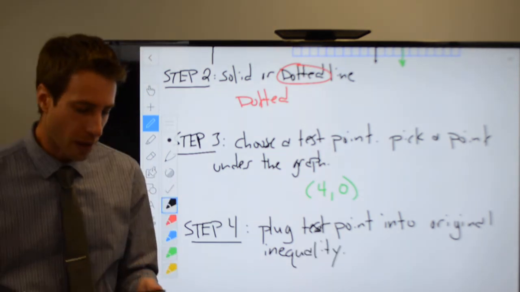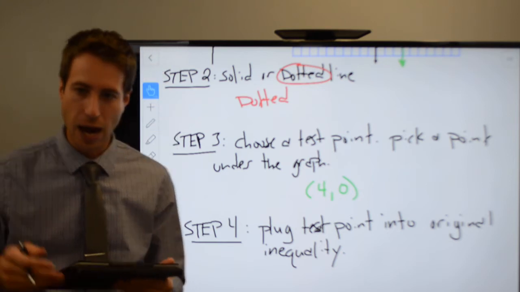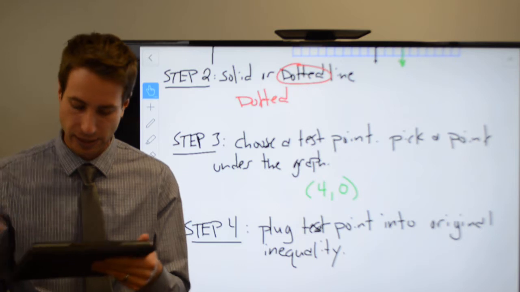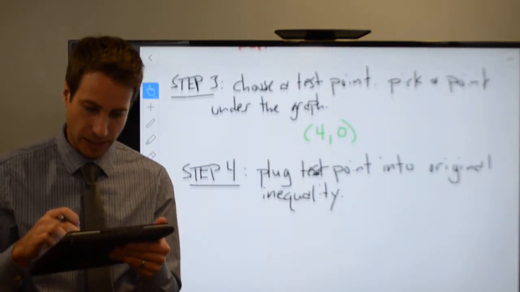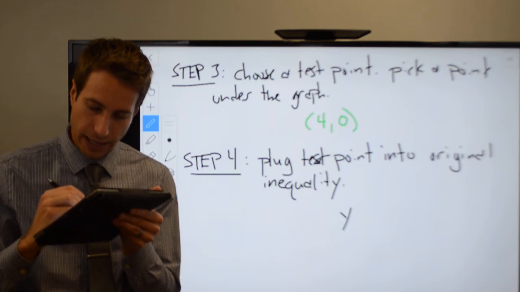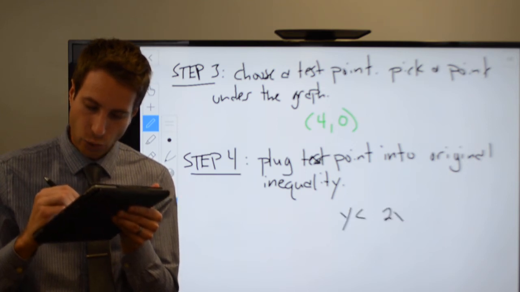Okay, so here we go. My original inequality was y is less than the square root of 2x minus 6. So let me slide up here so you can see my work. It was y is less than the square root of 2x minus 6.